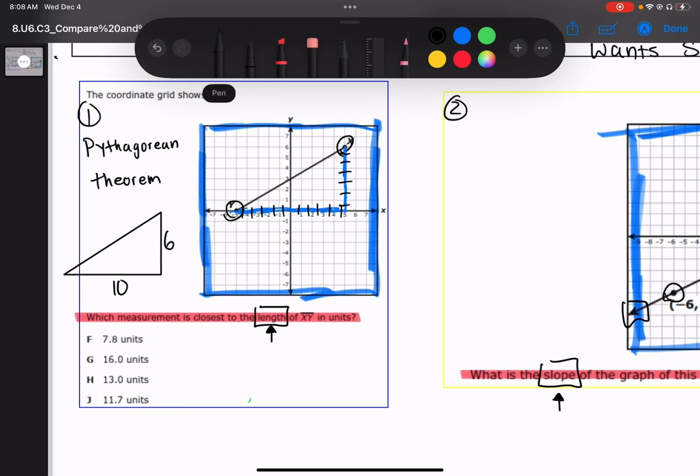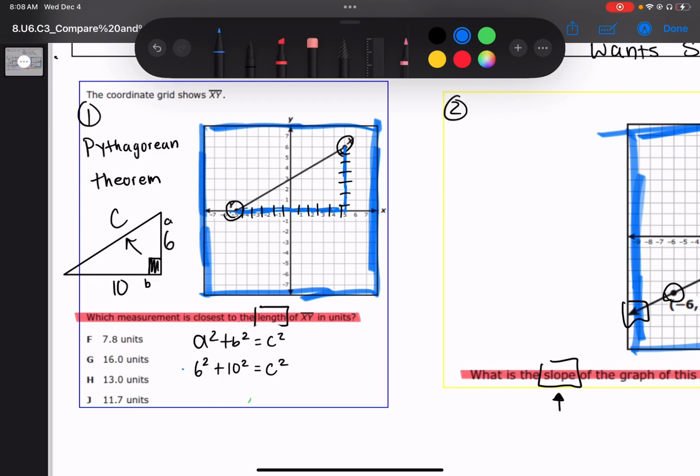Now that I have that, now I can use my formula. A squared plus b squared is equal to c squared. Here's my right angle, my arrow, that's C. This is A, and this is B. So 6 squared plus 10 squared equals C squared. Now, what's that last step that we always forget to do?